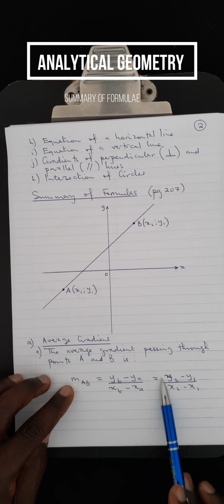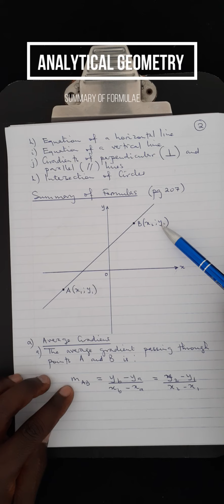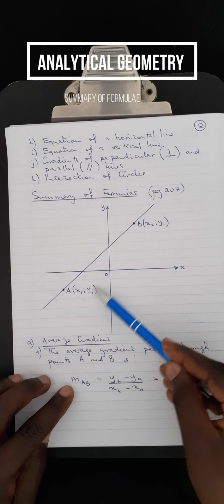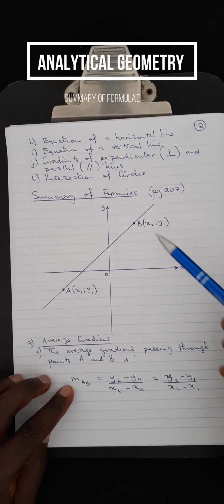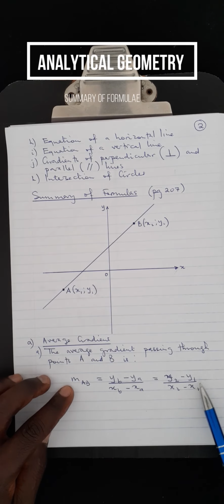In general, we write this as Y2 minus Y1 over X2 minus X1. So the y coordinates subtract, divided by X2 minus X1. So that's what we have.